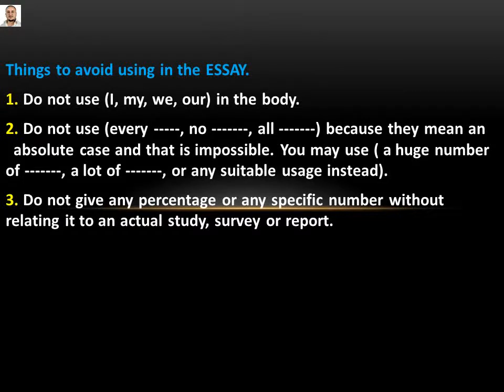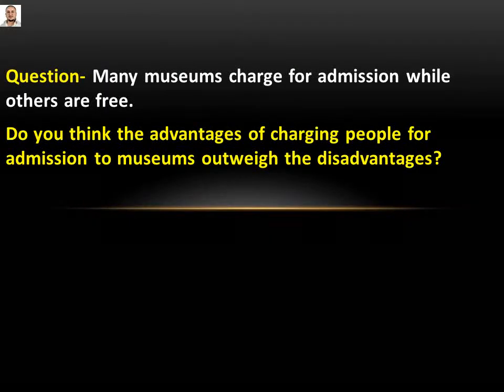You may use a huge number of, a lot of, or any suitable expression instead. Number three, do not give any percentage or any specific number without relating it to an actual study, survey, or report.